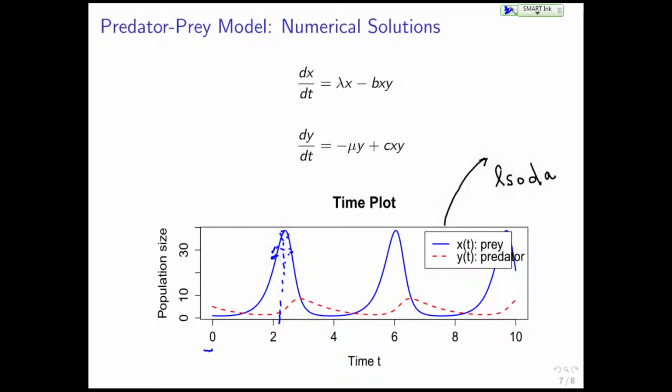The food supply is in excess, right? And then at some point the population of predator reaches its maximum, the red dash curve, and then it undergoes a decline exactly at the time when prey is sparse or scarce. And so then the cycle repeats.